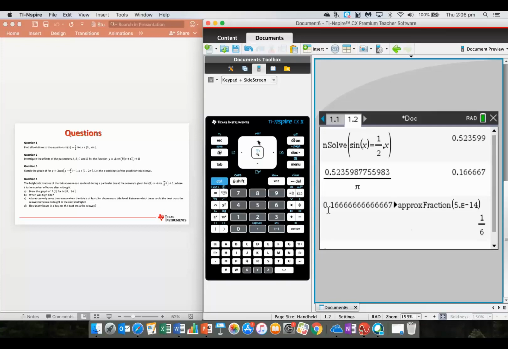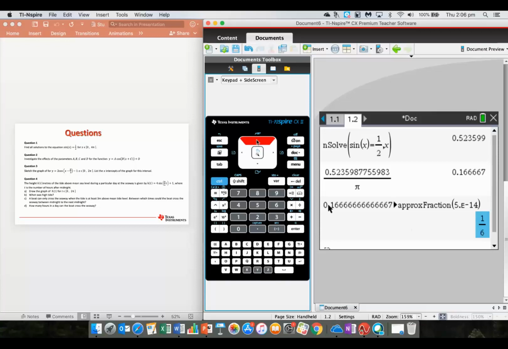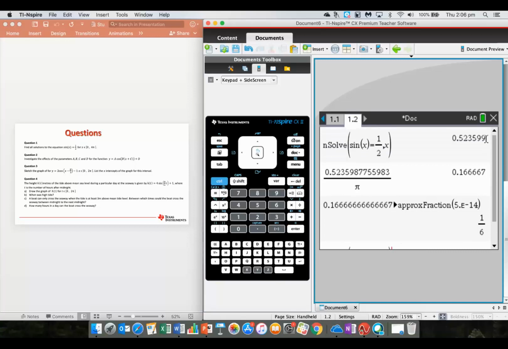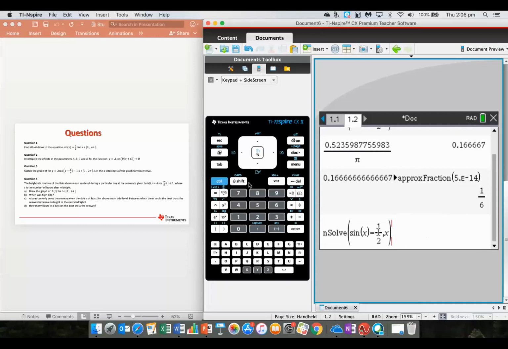In order to find the rest of the solutions, I use the up arrow and enter to copy my equation down. Now I want to find the next biggest solution, the solution that is bigger than this solution. So I need to put a restriction here using the such that key.